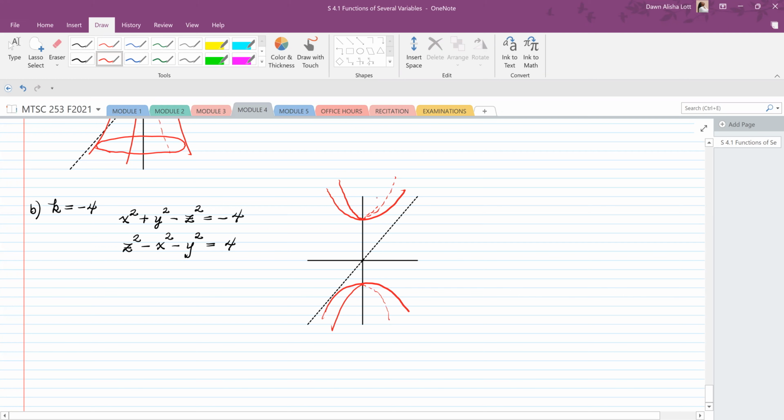So for k equals -4, we get a hyperboloid of two sheets.